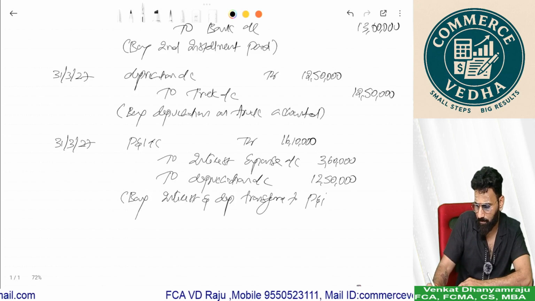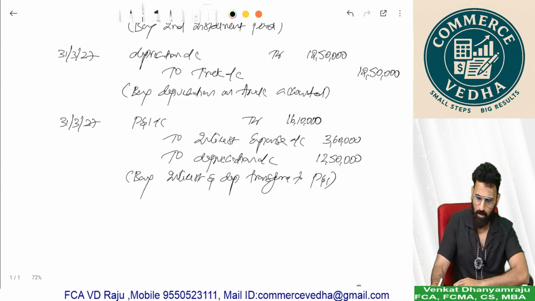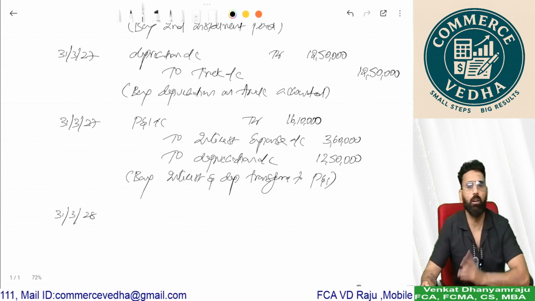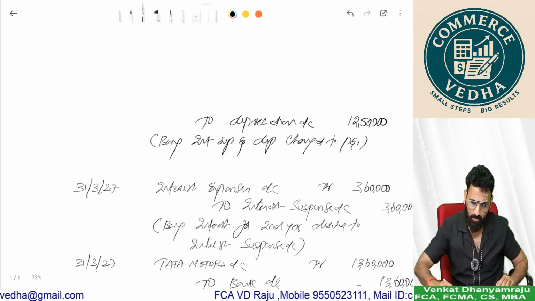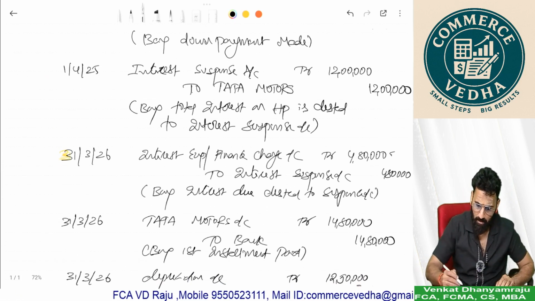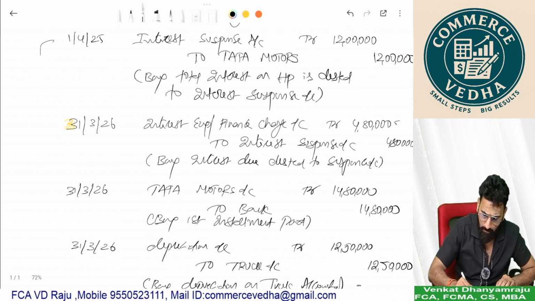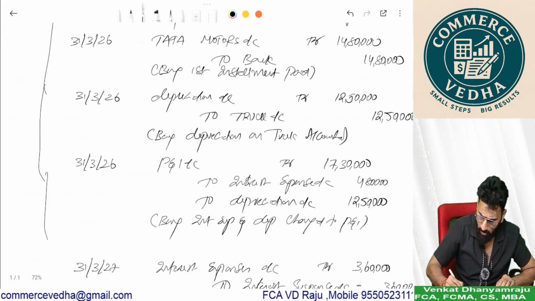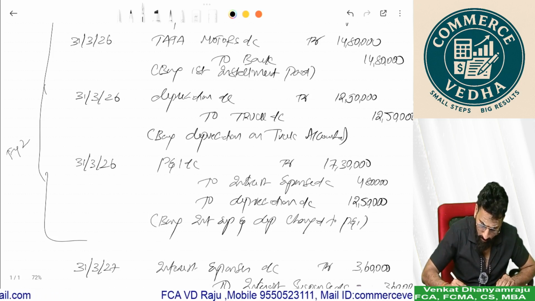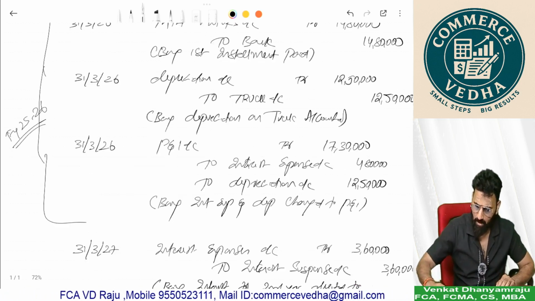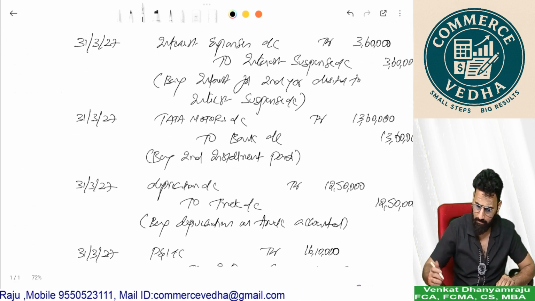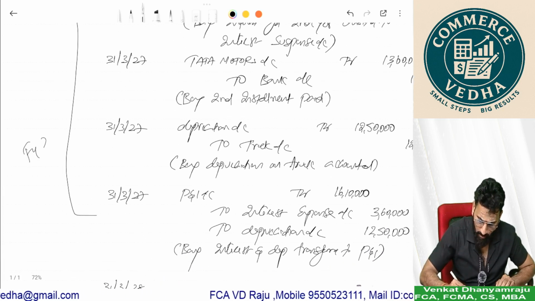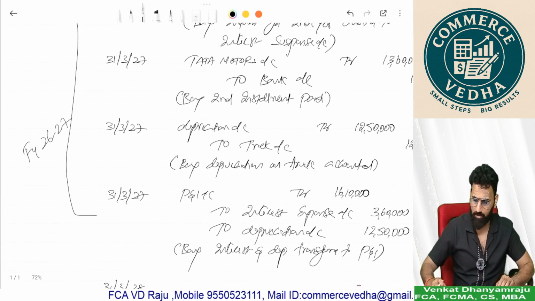Now comes the third year, which is 31/3/28. 25/26 is the first year, and the second year is FY 26/27.